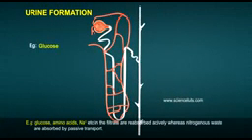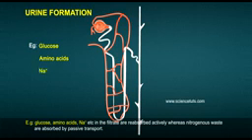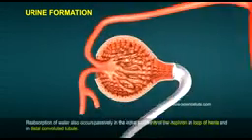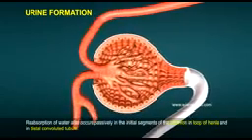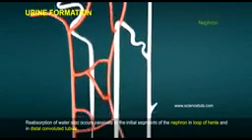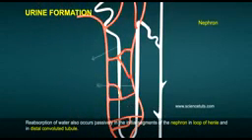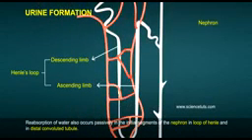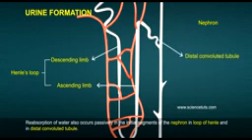For example, glucose, amino acids, Na+, etc. in the filtrate are reabsorbed actively, whereas nitrogenous wastes are absorbed by passive transport. Reabsorption of water also occurs passively in the initial segments of the nephron, in the loop of Henle and in the distal convoluted tubule.